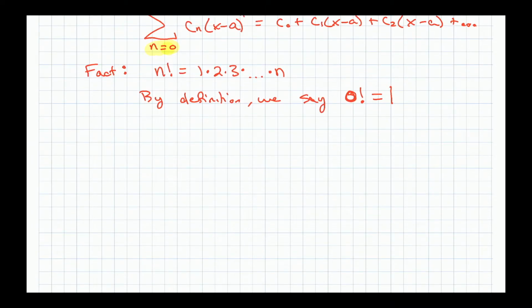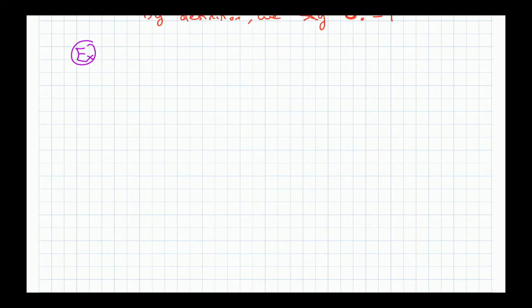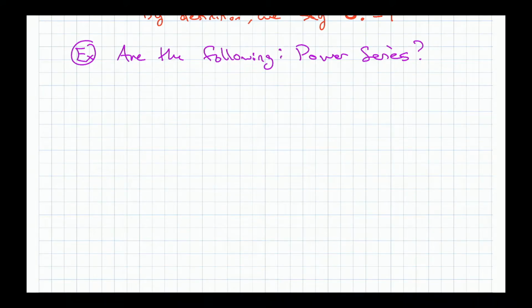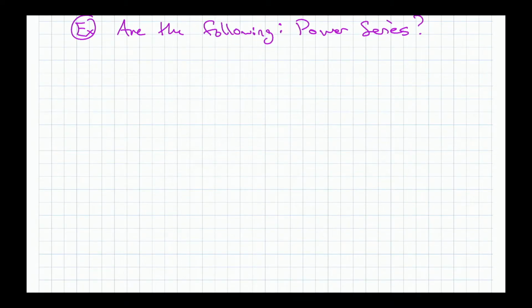So what they're going to do at first is they're just going to ask you if different things are power series. So here's some stuff. Are the following power series? I guess that should be a colon or something. I don't know what the right punctuation is there. But here's some examples.